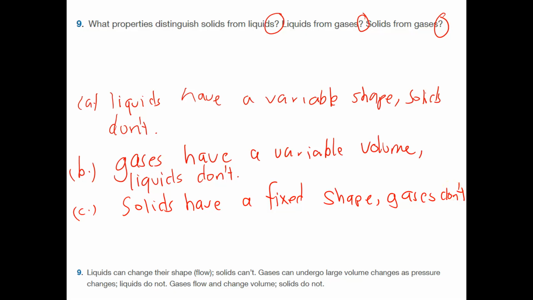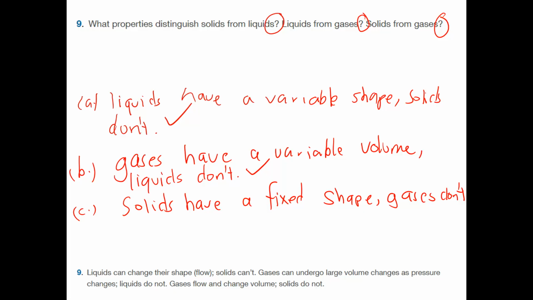So here's the answer that OpenStax give. It says liquids can change their shape or they can flow, solids can't. And that's exactly what I wrote. Gases can undergo large volume changes as pressures change. Liquids do not. And I said something similar. I said gases have a variable volume. Liquids don't. So that looks like it's correct.